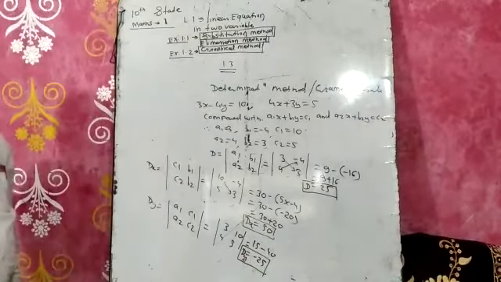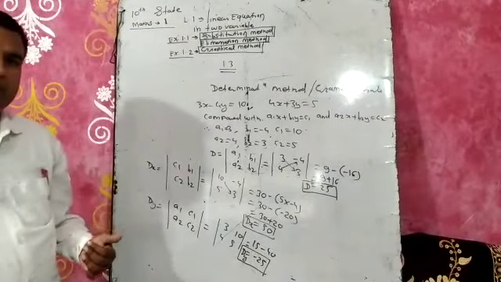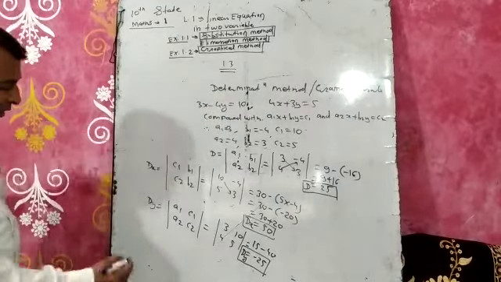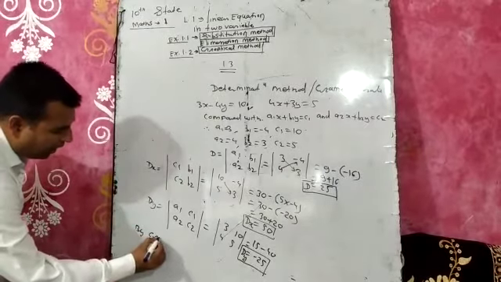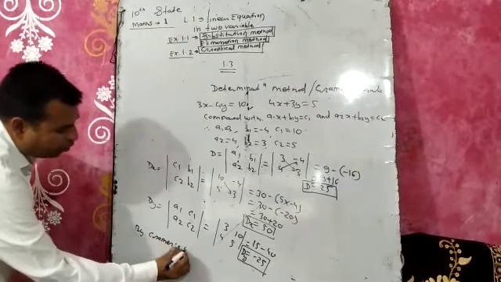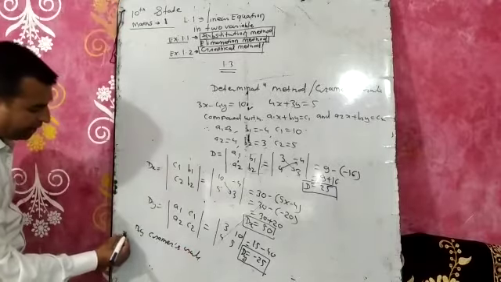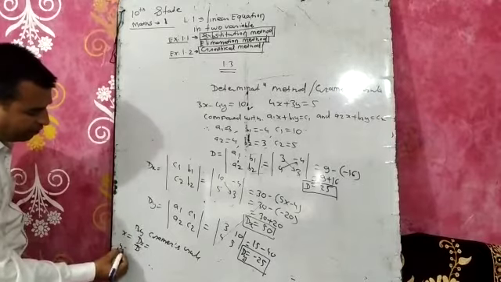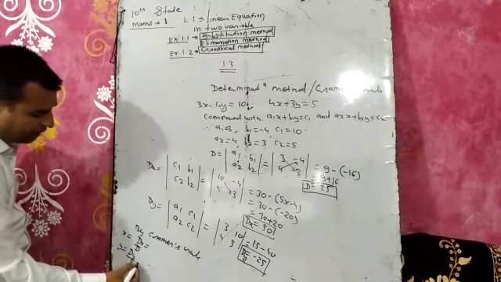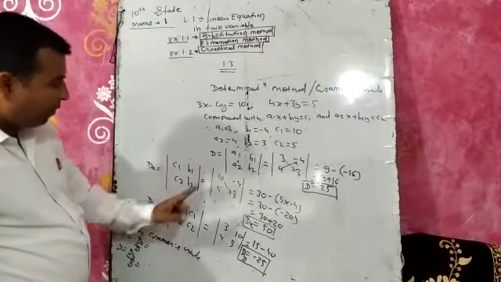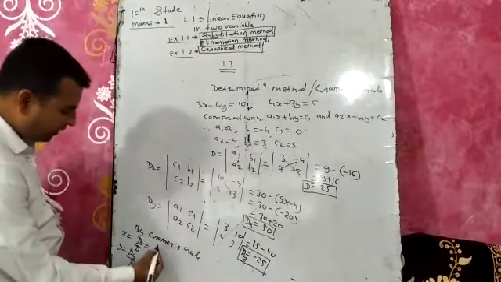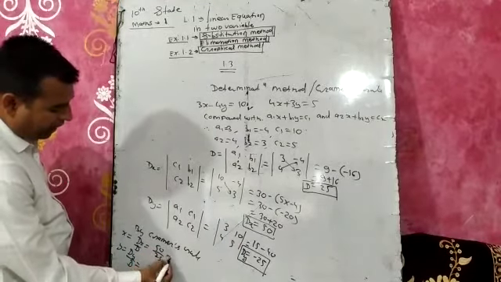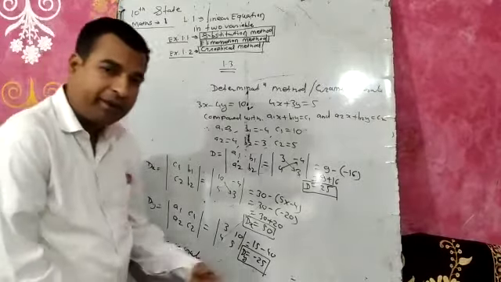Now at last, find the values of the given variables. Here the variables are x and y. By Cramer's rule, x equal to Dx upon D and y equal to Dy upon D. The value of Dx is 50 upon the value of D, 25. 25 twos are 50.